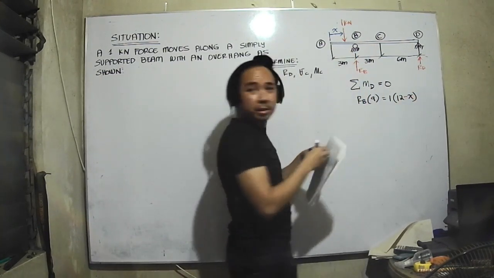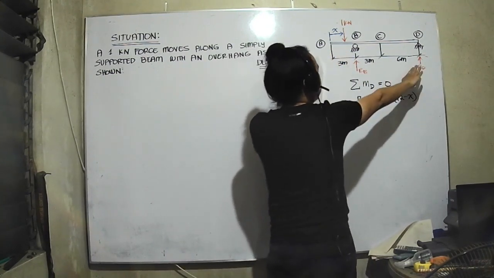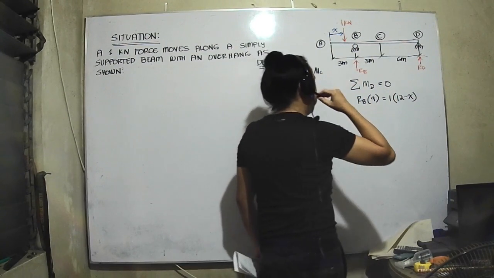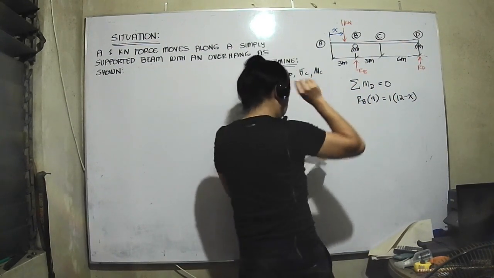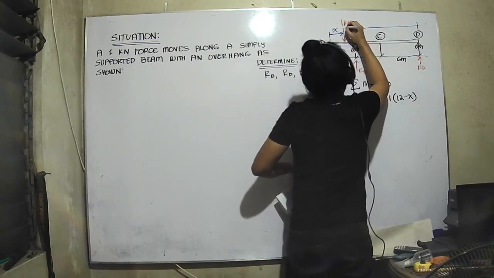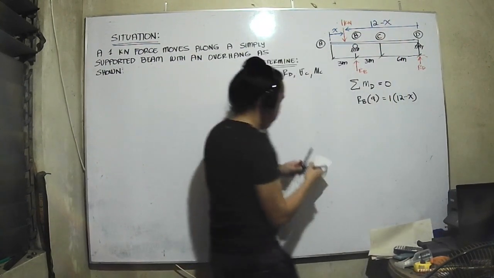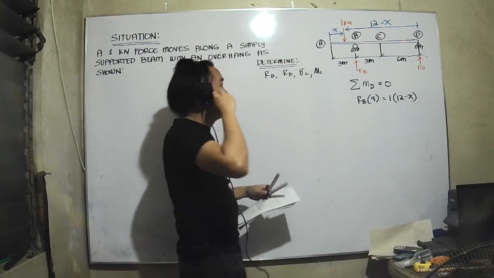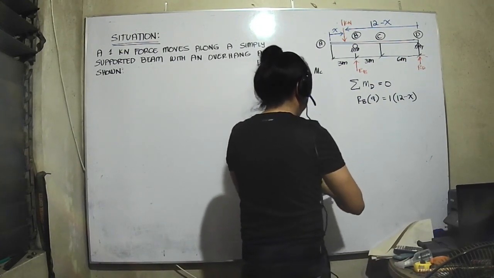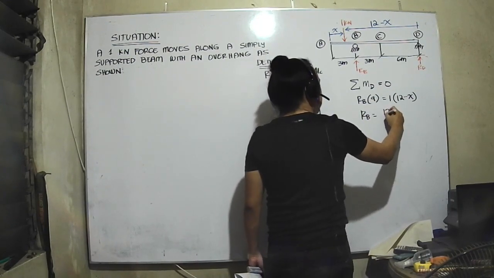Because if this is x, everything is 12, and we deduct x, I will get this. Okay? So, the moment arm is 12 minus x. So, I will have this expression and I can solve for RB, which is just equal to 12 minus x over 9.